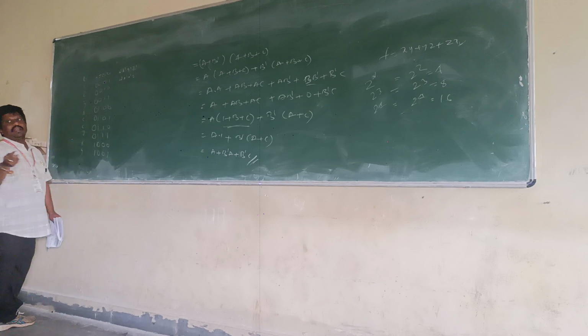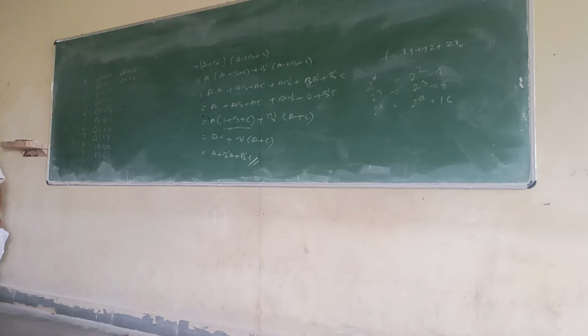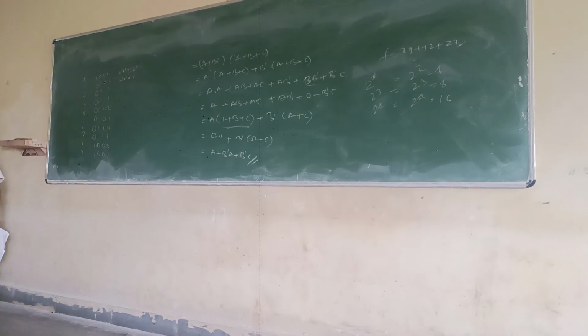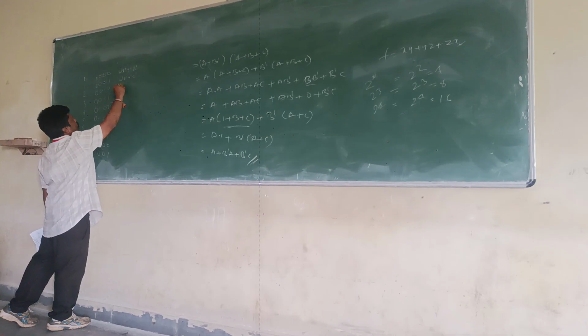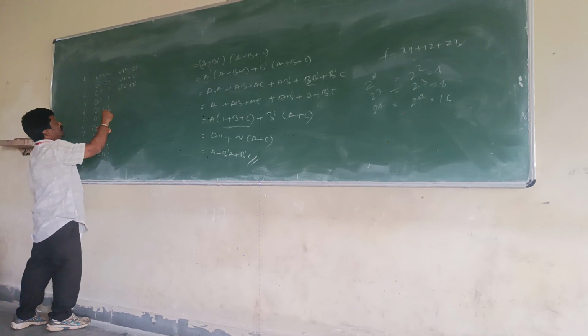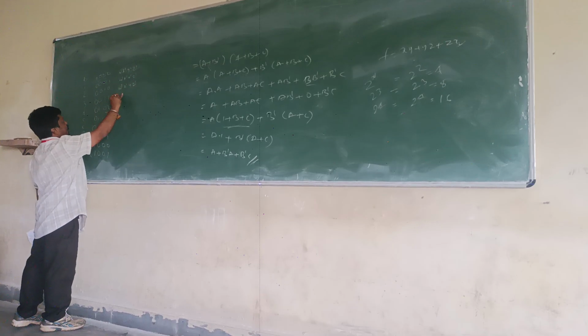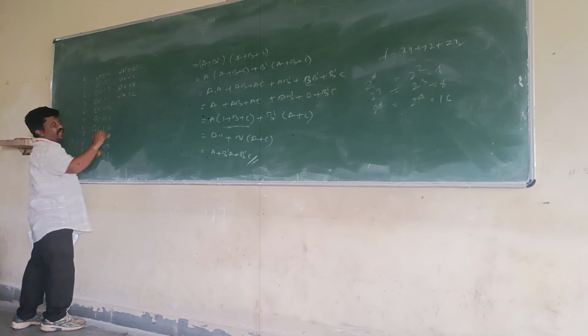Wherever you get a 1, that is written non-complemented. If you find a 0 in the term, that is considered the complement form of that particular variable. So this is w bar, x, y bar, z bar. Like this we should write; write it on your own, in your book.